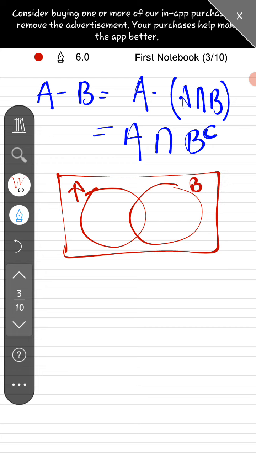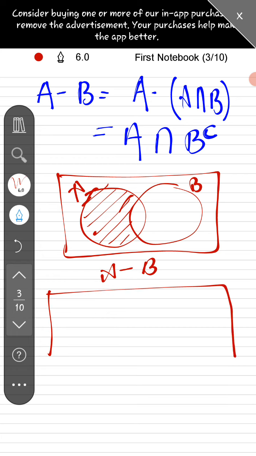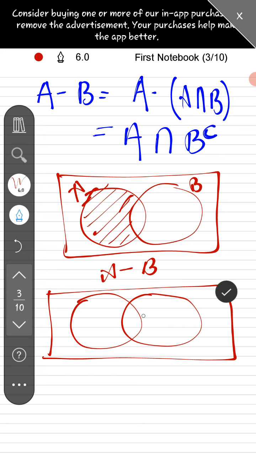Now, what is A minus B? Just mark A minus B. We have to mark A minus B. So we know this part is A minus B, right? Now what if I mark A intersection B? I guess this part is A intersection B. Right?